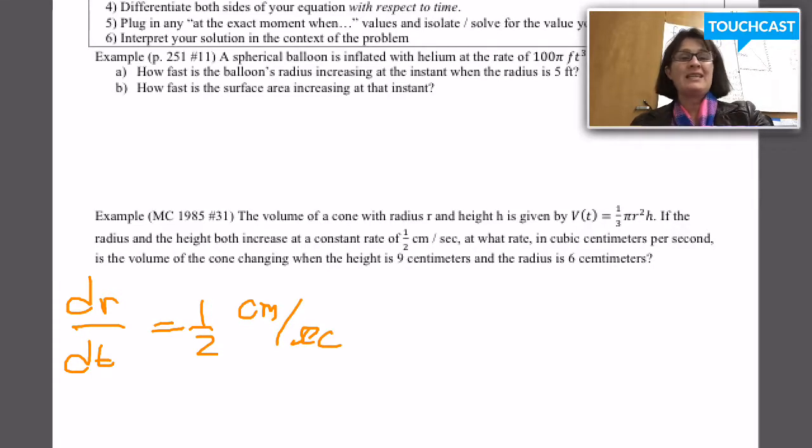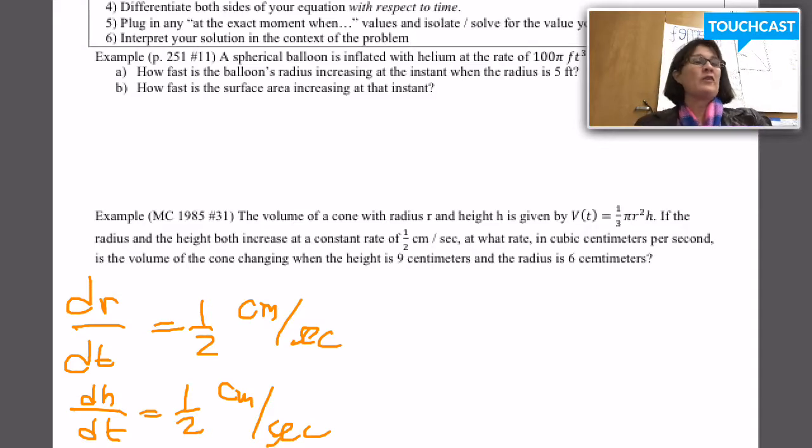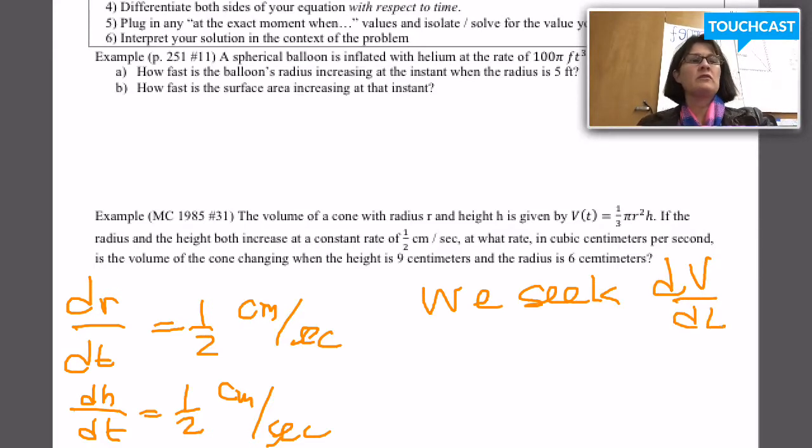I also know that dh/dt, the height is also changing at that rate, 1/2 centimeter per second. And what have I been asked to find? We seek dV/dt, the rate of change of the volume at the exact moment when r is 6 and h is 9.